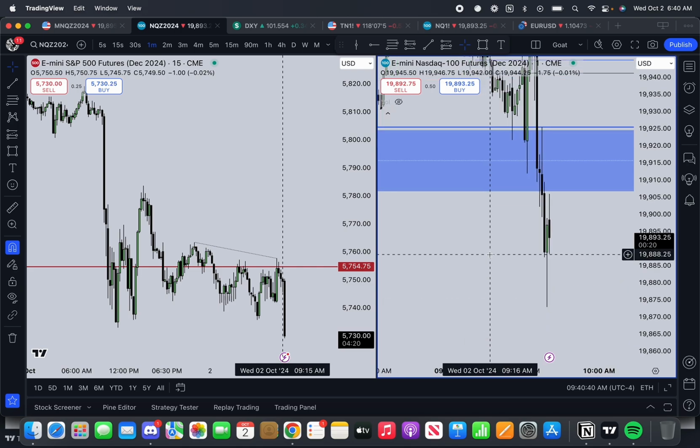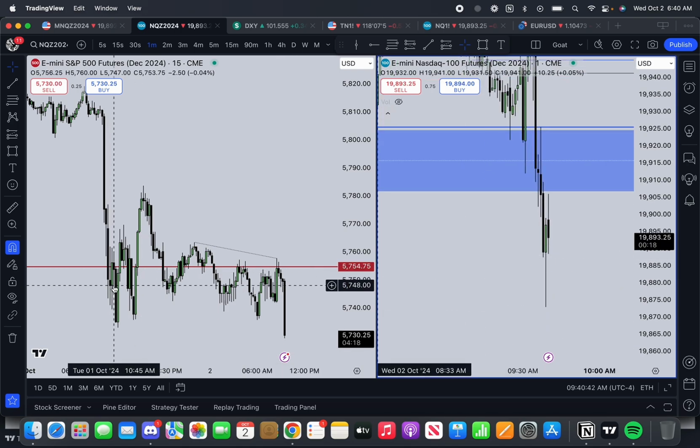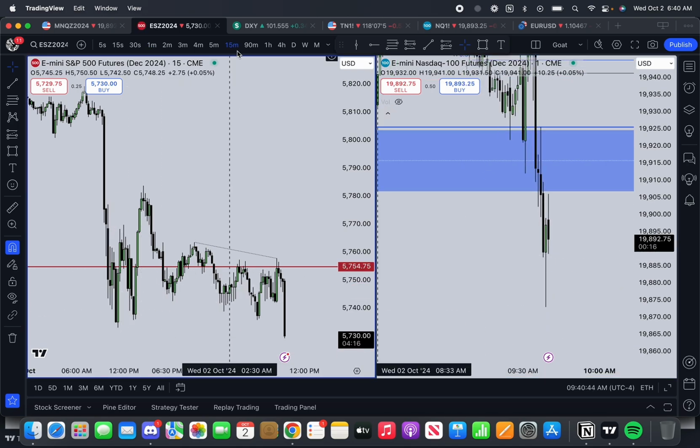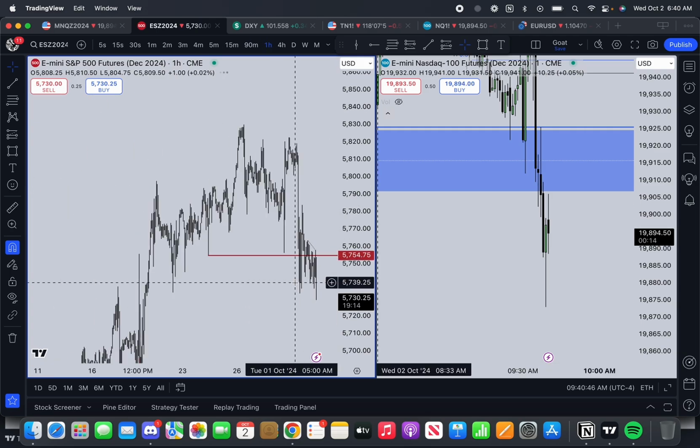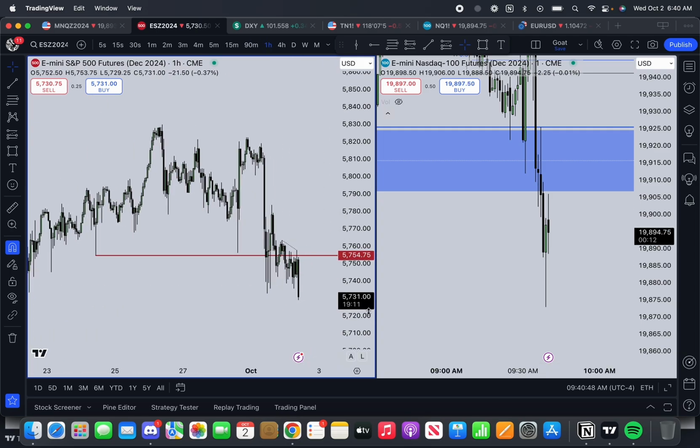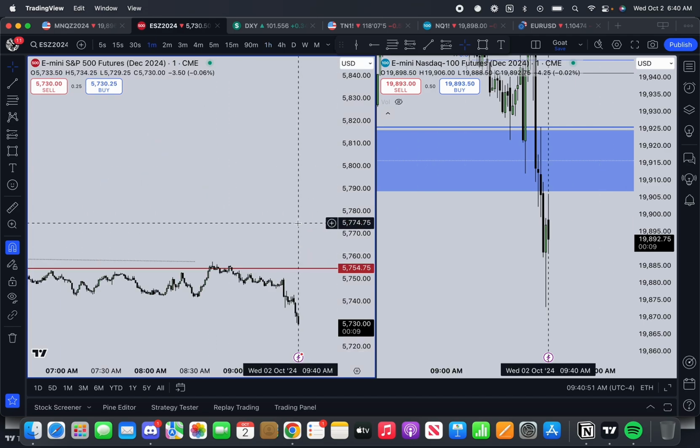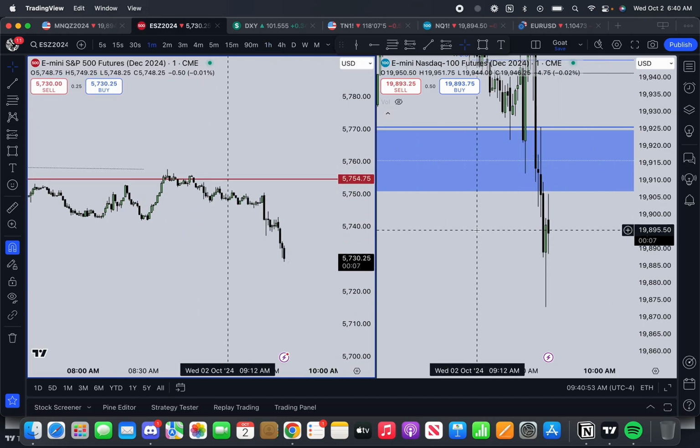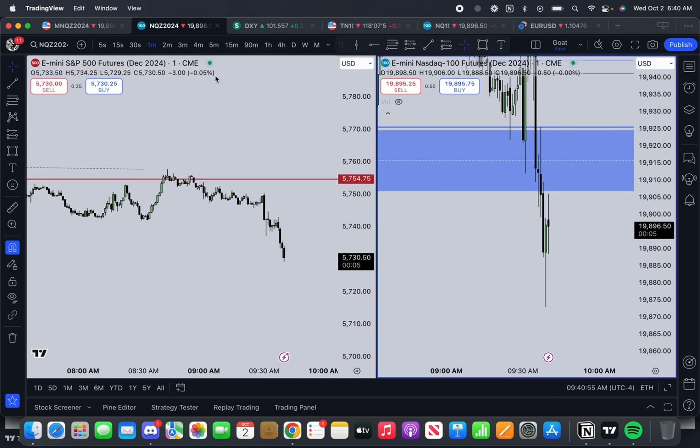Alright, ES is already taken out previous day's low. ES is very weak. Need to see NAS start doing the same thing here.